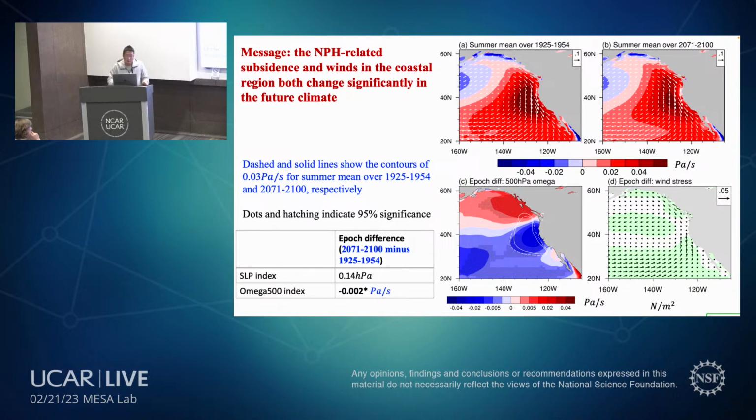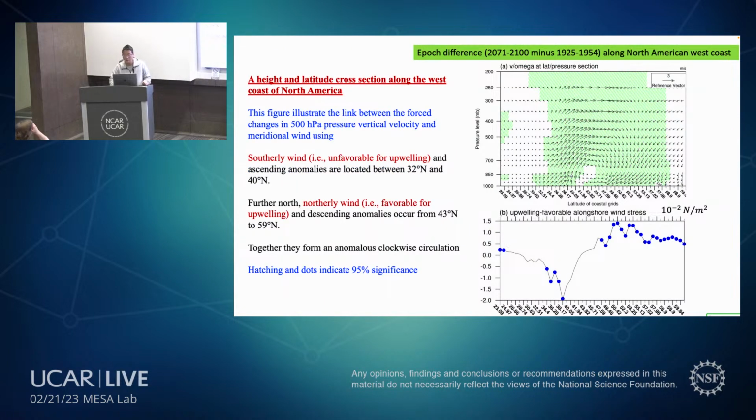And we can see this maybe better along the west coast of North America. The upper panel is the cross section along the west coast, showing the epoch difference, and the bottom panel is the epoch difference in upwelling favorable alongshore wind stress. Hatching and dots indicate 95% significance.